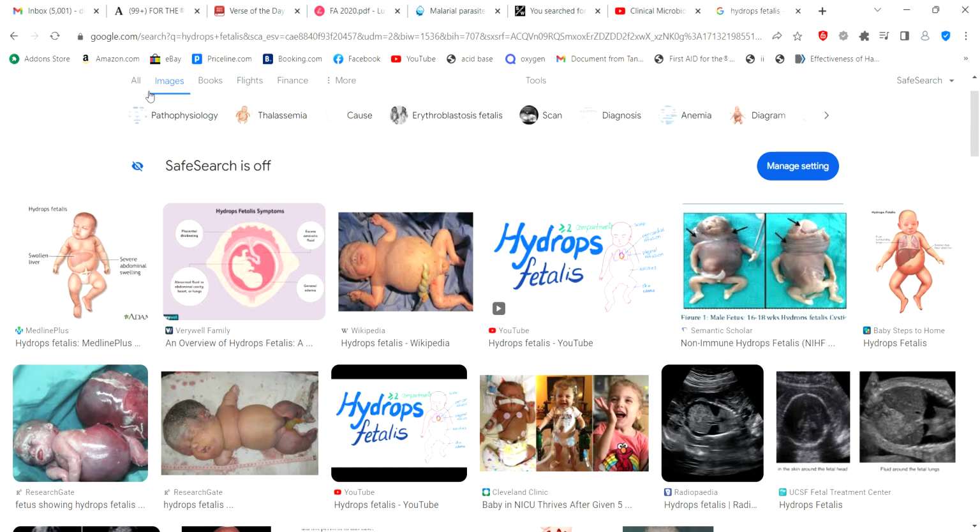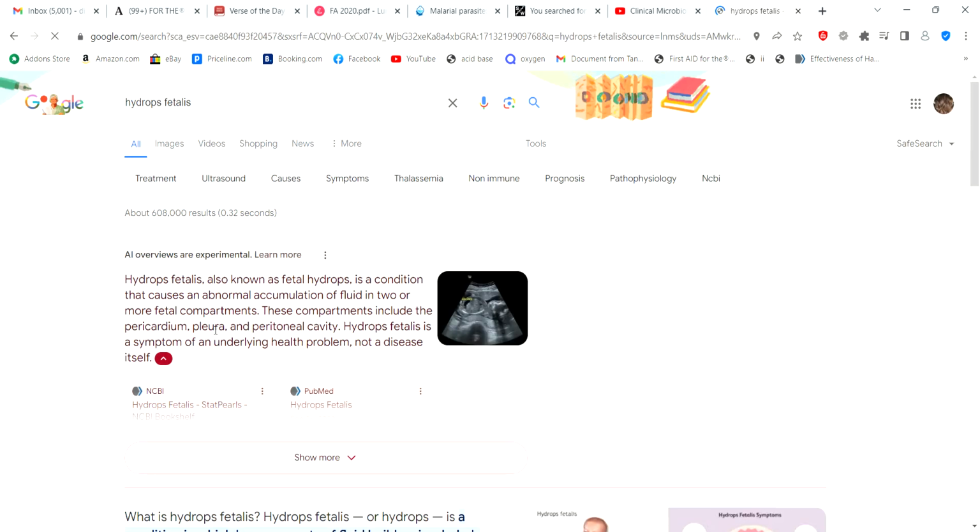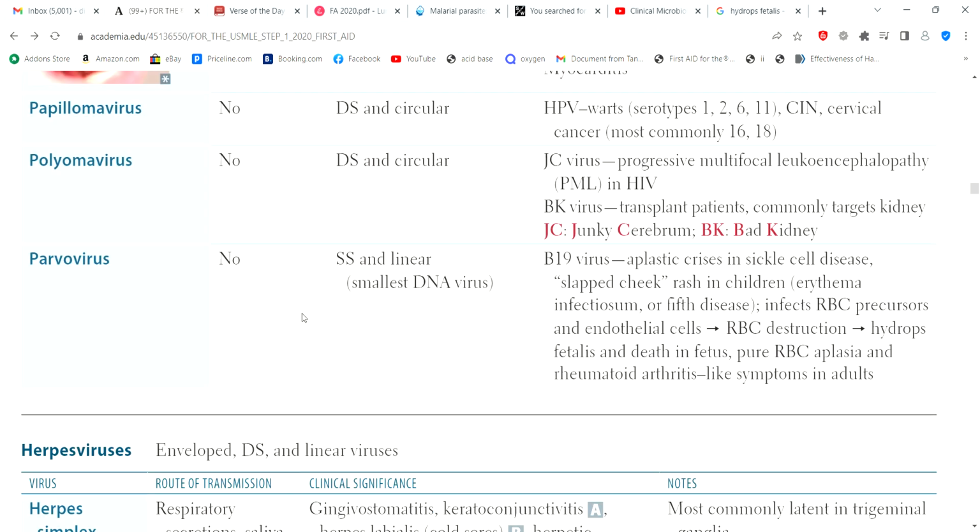So that's hydrops fetalis. Yeah. It has fluid accumulation. The baby is swollen. That's what parvovirus causes. Parvovirus is serious. So yeah, it causes hydrops fetalis and death in the fetus.